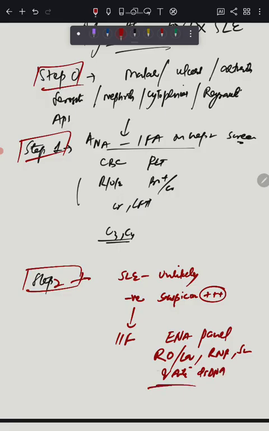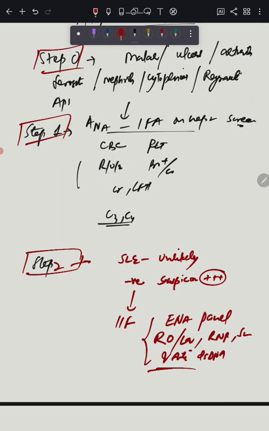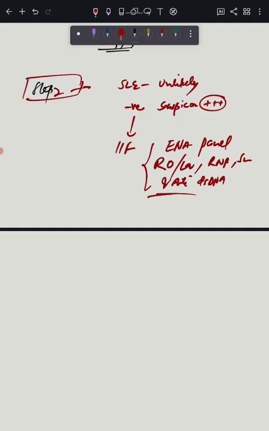You have to send these. And why is that? Because there are almost 5% of ANA negative SLE patients. So you have to look out for those cases.